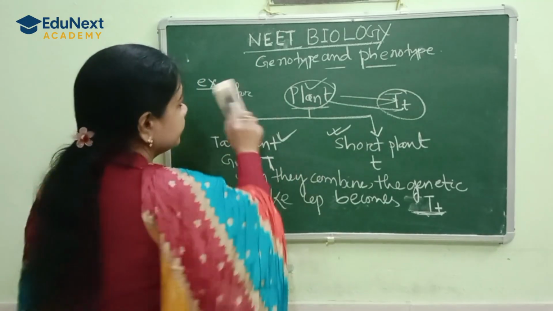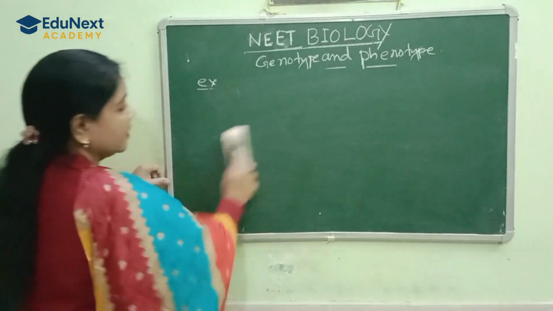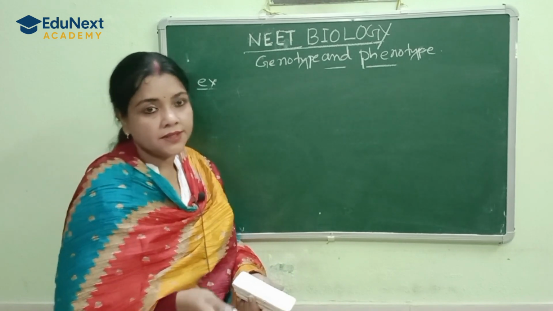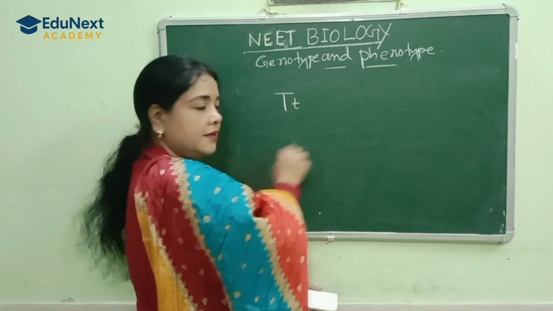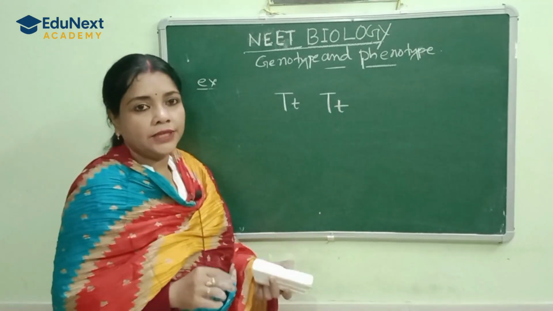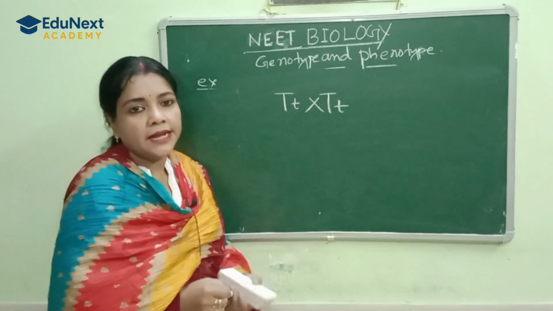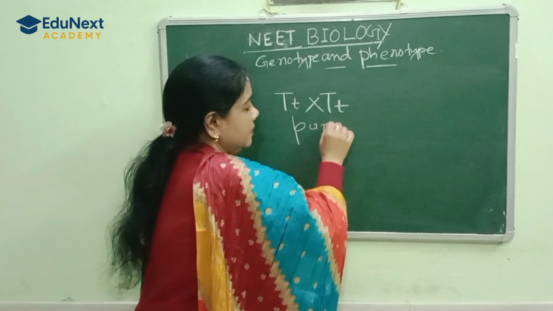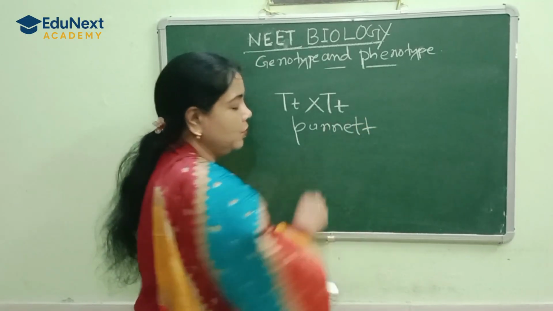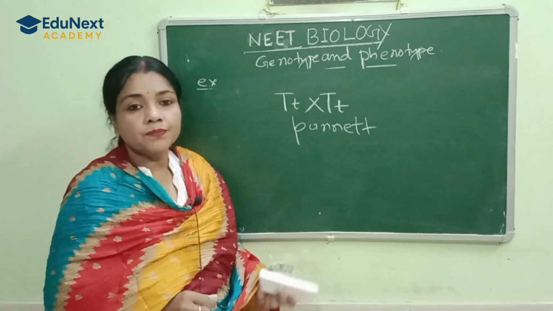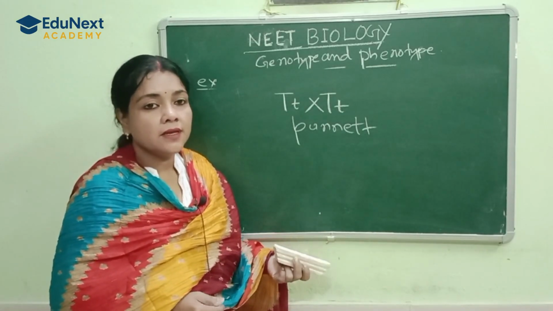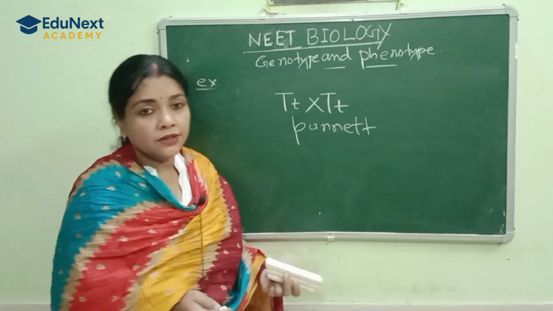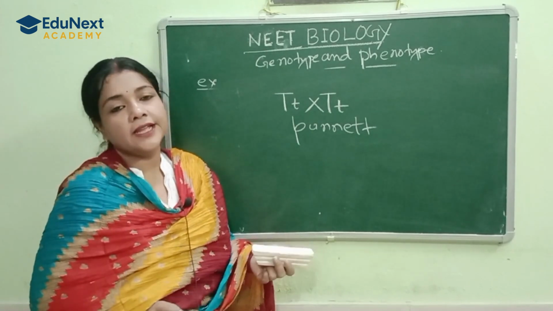For example, if we take two heterozygous plants, Tt and Tt, and cross them by the Punnett square method, you will find the ratio of genotypes. This is asked in your NEET examination: what is the ratio of genotype and phenotype?